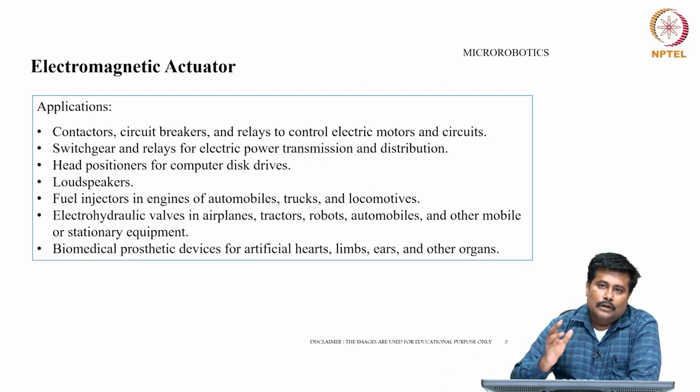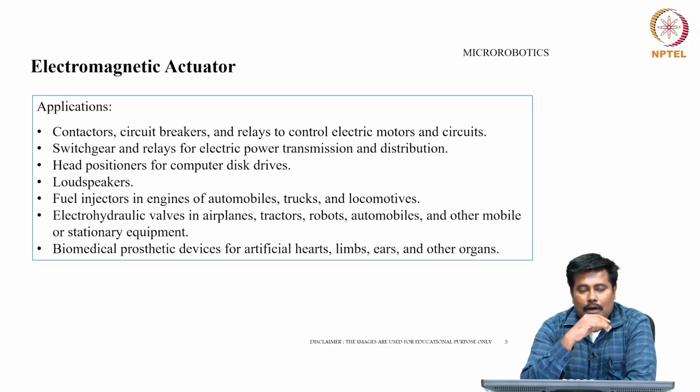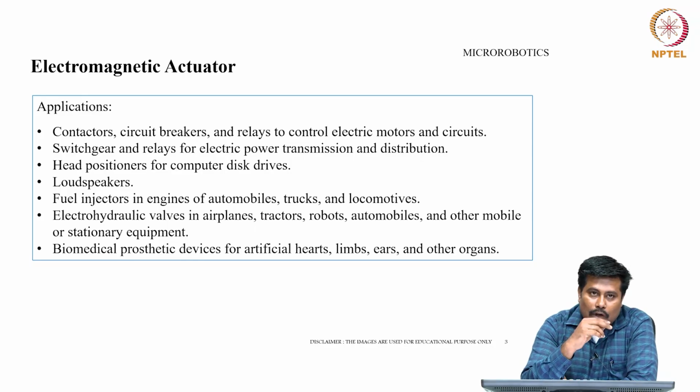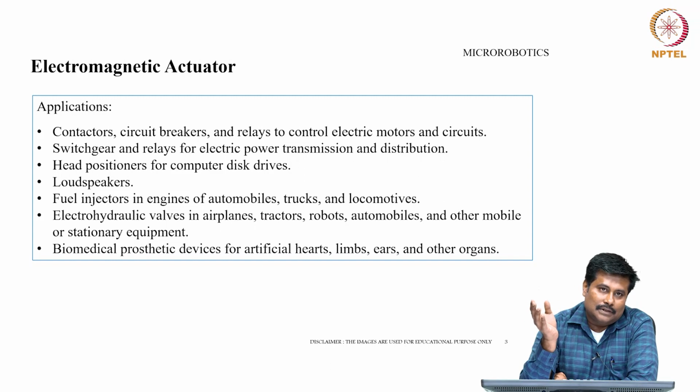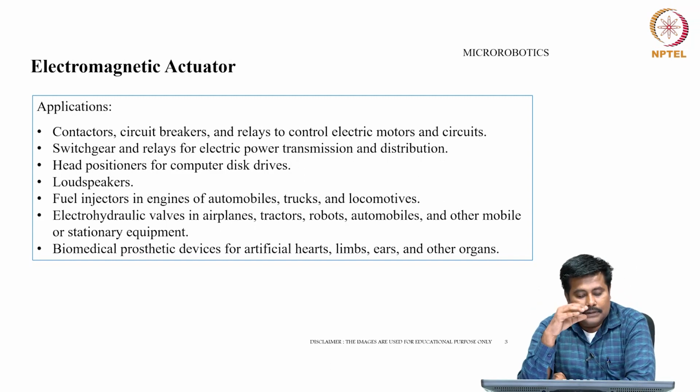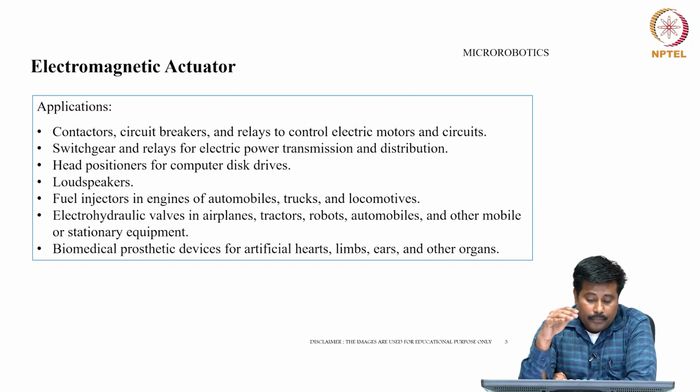These are some of the key challenges with reference to an electromagnetic actuator. As far as applications are concerned, it is used in contactors, circuit breakers and relays to control electric motors and circuits. It is also used in switch gears and relays for electric power transmission and distribution. It is used as a head positioner in computer disk drives, and in loudspeakers.